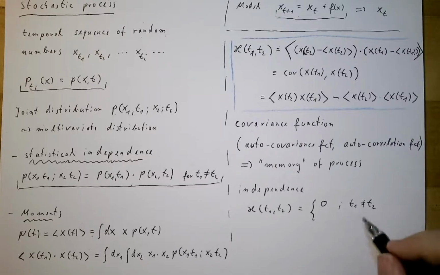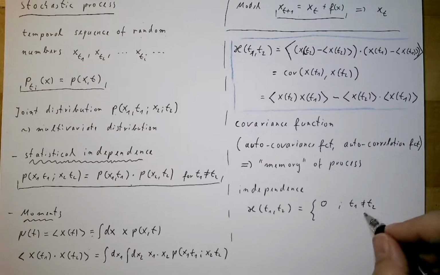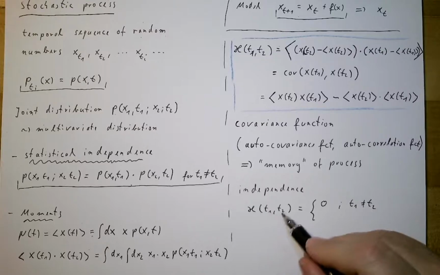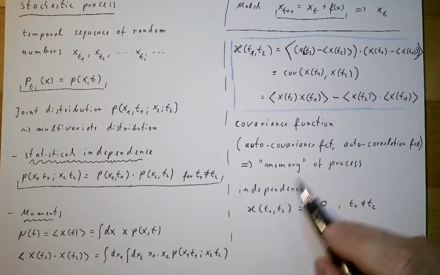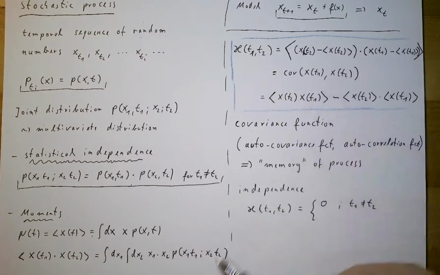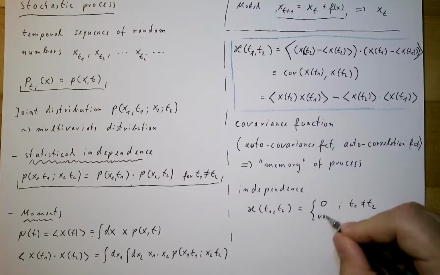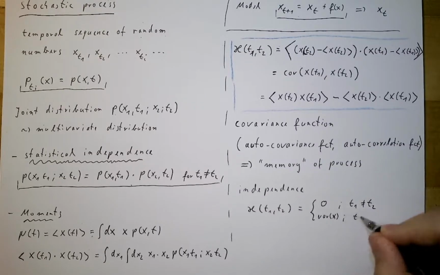But if t1 equals t2, then we have the same time points, which means we have the same variable, and then this is just the variance of x.